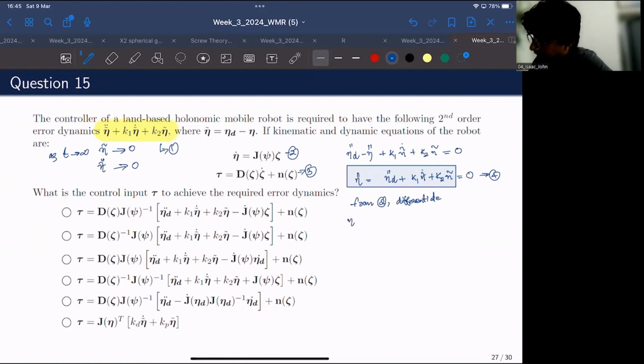You'll get eta double dot would be J dot of psi zeta plus J of psi zeta dot, and from here zeta dot would be eta double dot minus J dot of psi zeta, the whole inverse, pre-multiplied by J of psi inverse. For example, we'll keep this as such. We'll keep this as equation 5.